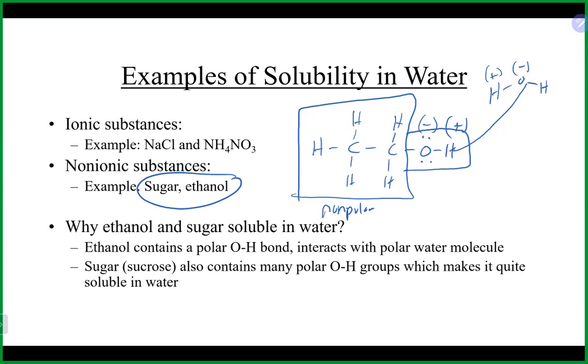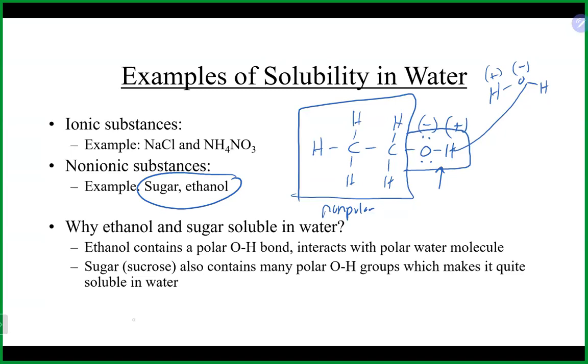Now, solubility does definitely decrease with the size of the nonpolar part of organic molecules like this. Small molecules that have this OH group are very soluble in water because of that interaction.